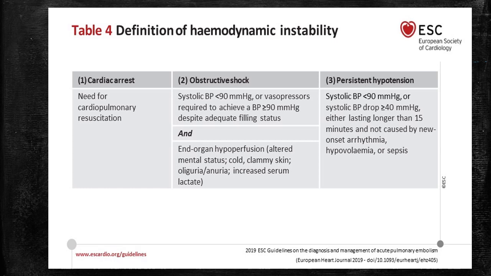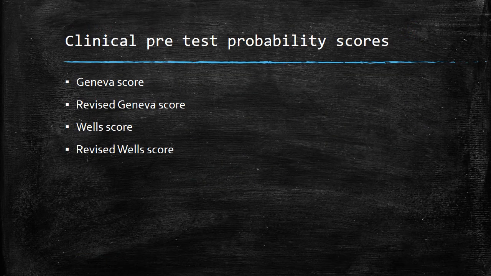If a patient has low blood pressure of less than 90 millimeters of mercury for 15 minutes or more, and it is not caused by the new onset of arrhythmias or hypovolemia or sepsis, and if it's not being explained by these particular conditions, you will label the patient as persistent hypotension.